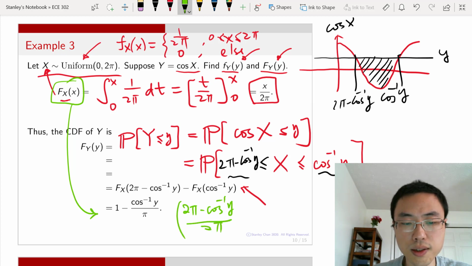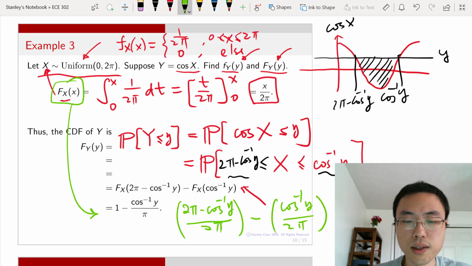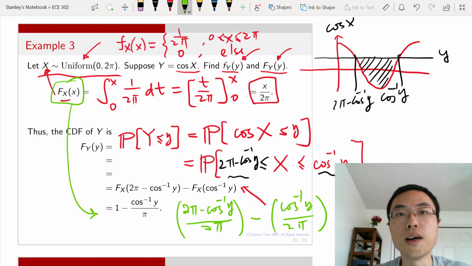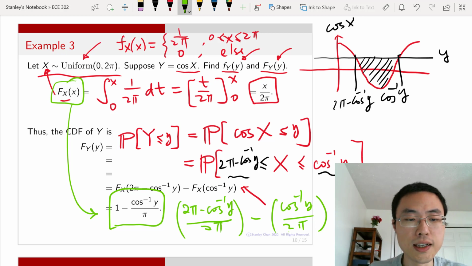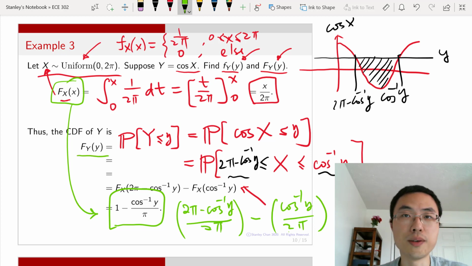So that is the first one. And then the other one will be cosine inverse of y divided by 2 pi. And then you can do the cancellation, and there will be half and half, but they have both minus, so you can add them up. So that will give you 1 minus cosine inverse of y divided by pi. So this is the CDF of your new variable y.